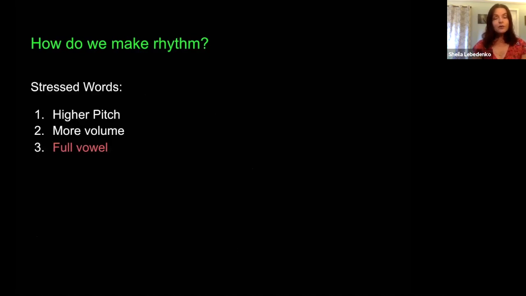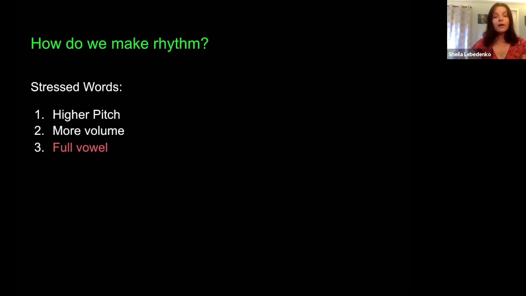So how do we make rhythm? Now we know what to stress and what not to stress, but what exactly do we do? For the stressed words, you want to have a higher pitch. So pitch is like I'm here instead of here, okay? Higher, that's pitch. It's not volume, it's the note that you're playing on the piano, right? A higher note is going to be a higher pitch.